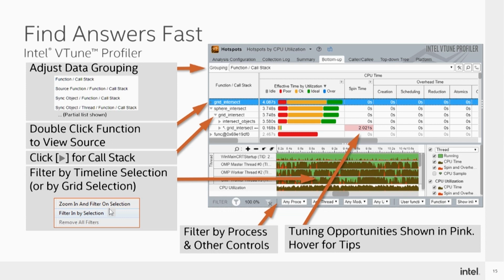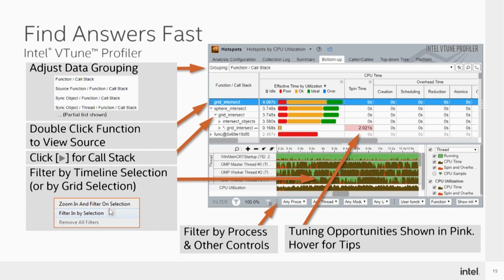Grouping basically is, I'm specifying here, give me the function in the call stack. That's going to give me what functions are hot and what the call stacks are for that particular function. And then you have some visualization of how effective I am with my CPU utilization. I have some metrics for spin time. Again, at the bottom we have our timeline showing where we are busy.